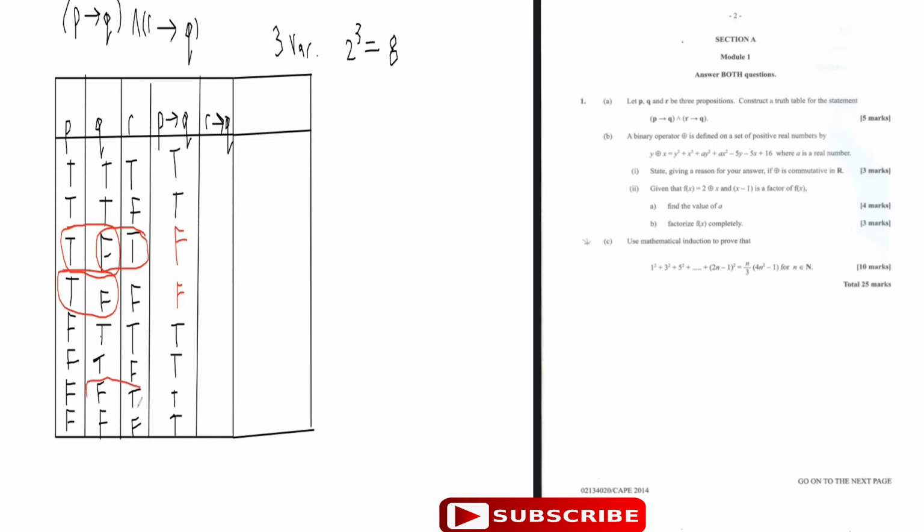So these are the only two places. So let's write that it's going to be false here and it's going to be false here. Everywhere else is true. This is true, true, true, true, true, and true.